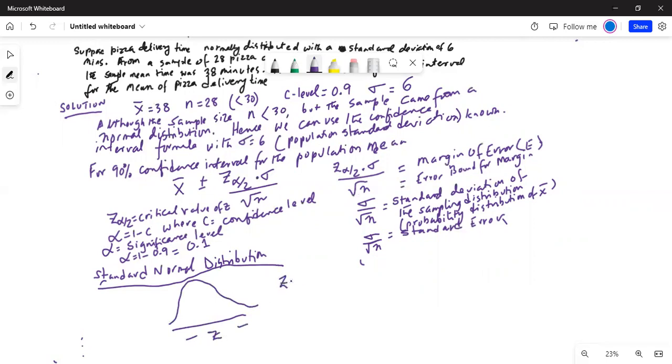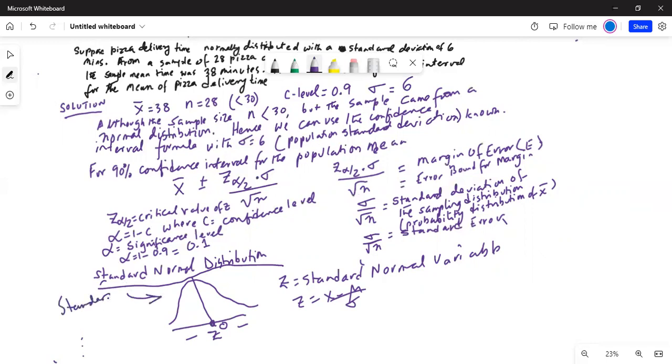Z is your standard normal variable, and Z is given by X minus mu by sigma, standard number. So at the center where the peak is the highest, Z is 0. The center of the curve, that is the mean, is equal to 0. So this is the standard normal curve.